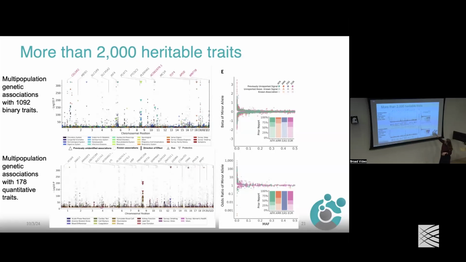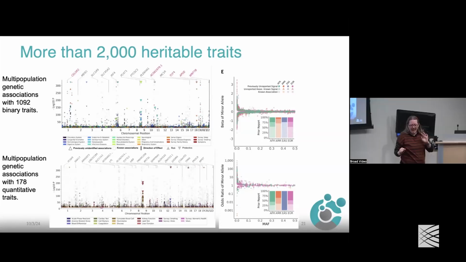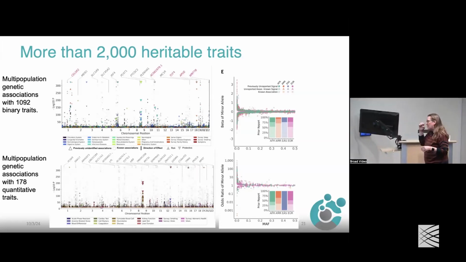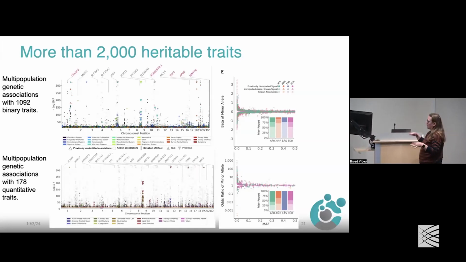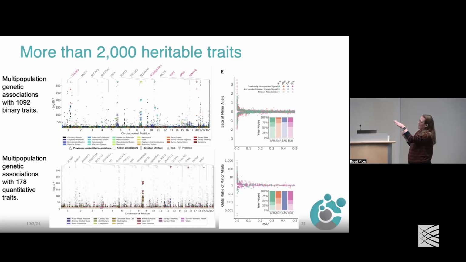But the point is that it shows how you can find common and rare variants with large effects on either the outcome on the odds ratio scale or a trait on probably some normalized scale here.